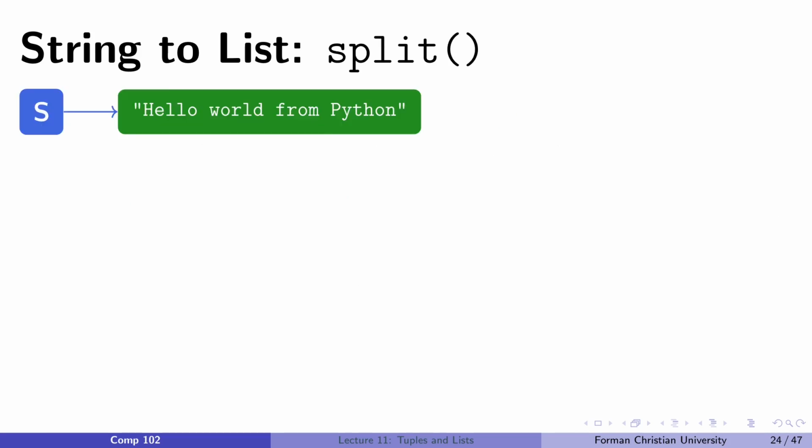Let's take a look at this visually. We start with s equals hello world from Python. That's an entire string, and the words are separated by spaces. When we call words equals s.split, Python chops the string at every space.